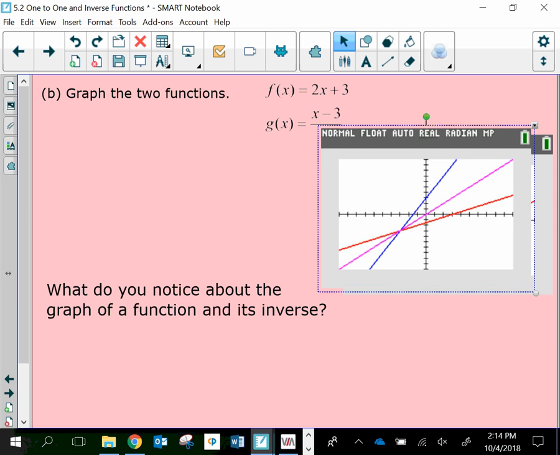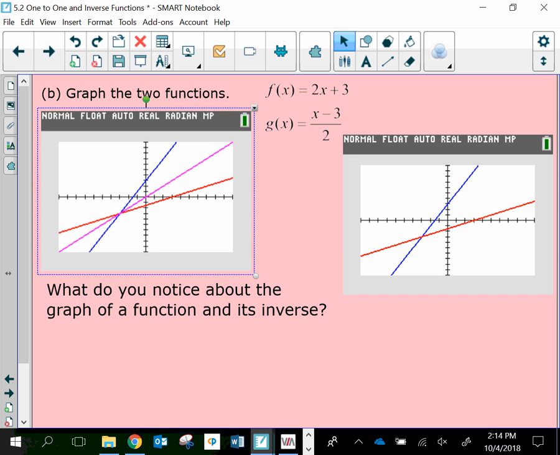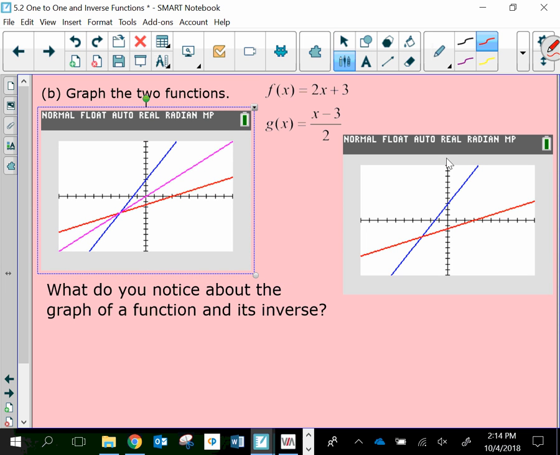Now, if you look at this pink line here, the pink line is the function y equals x. The blue function is y equals 2x plus 3. And this red one is y equals x minus 3 all over 2.